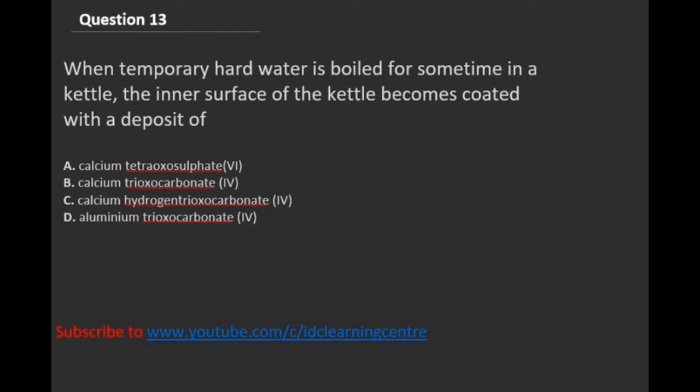Of course, the answer to this question is calcium trioxocarbonate 4, B, because it is formed by gradual decomposition of calcium hydrogen trioxocarbonate 4 to calcium trioxocarbonate 4, which is the one deposited on the inner surface of your kettle.